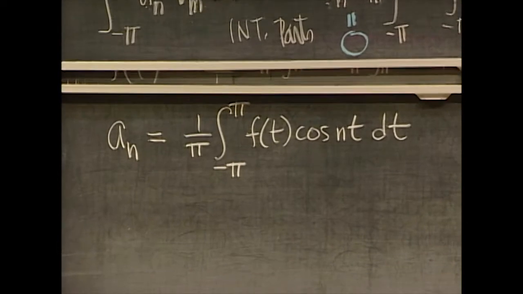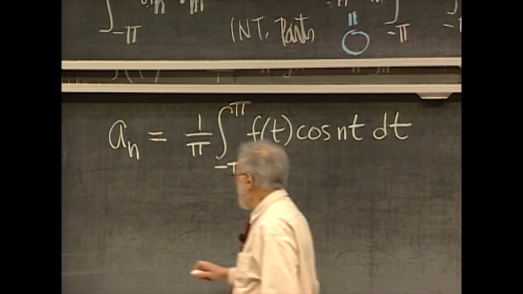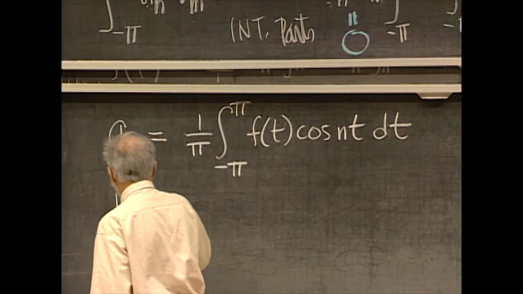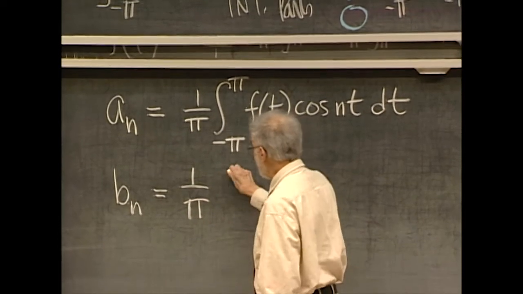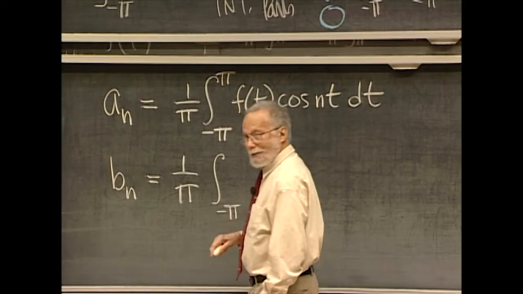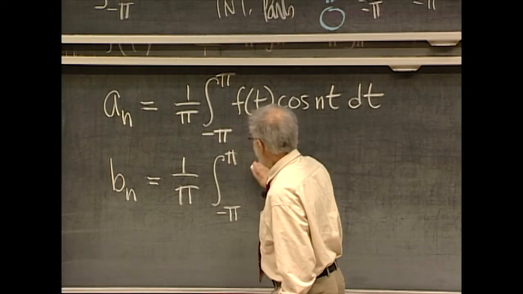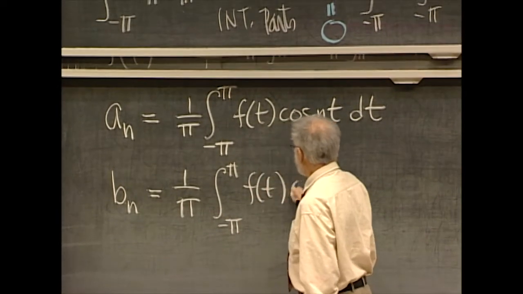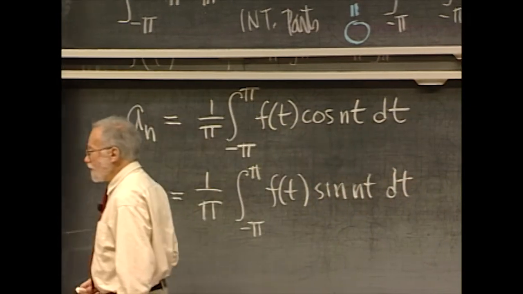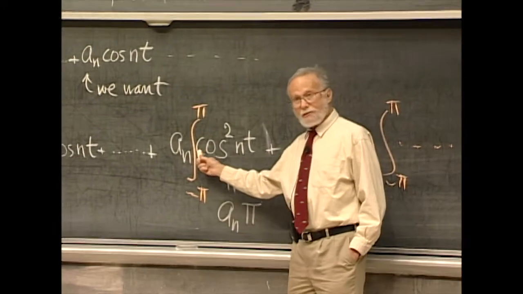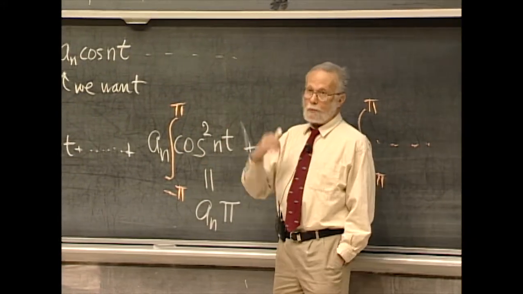The argument's exactly the same if you want bn, but I'll write it down for the sake of completeness, as they say, and to give you a chance to digest what I've done. 30 seconds to digest it. Sine nt dt. And that's because the argument's the same, and the integral of sine squared nt is also pi.